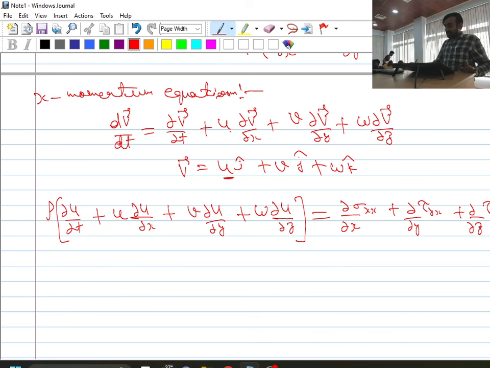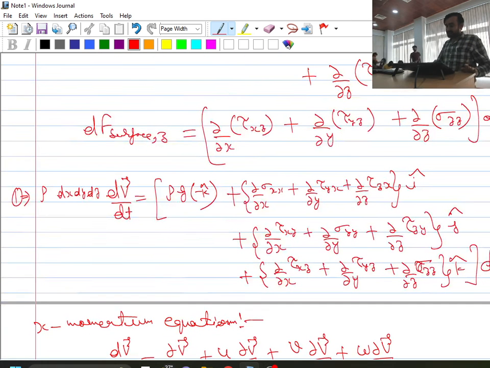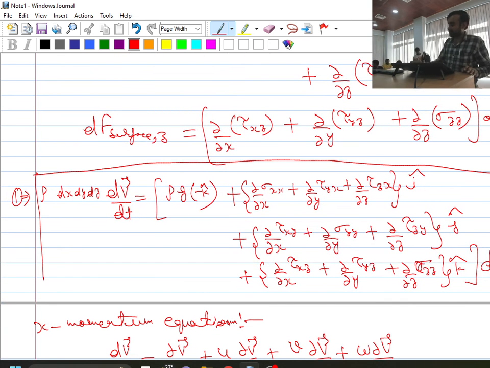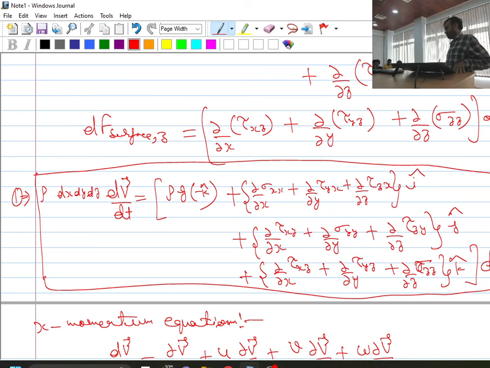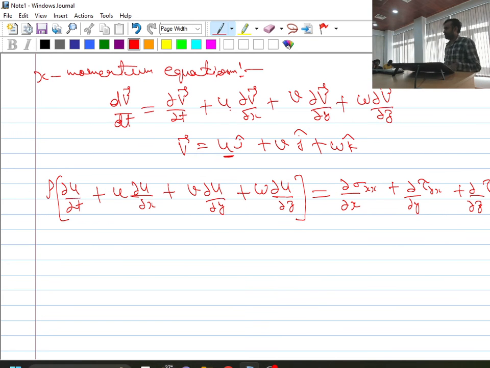So please remember that our generic equation is this one only, but this generic equation is a vector equation. As this is a vector equation, it will have individual components. One component in the x direction I have written as this term, and for its component in the y direction, please tell me what it will be.